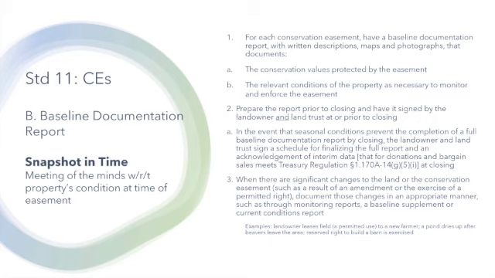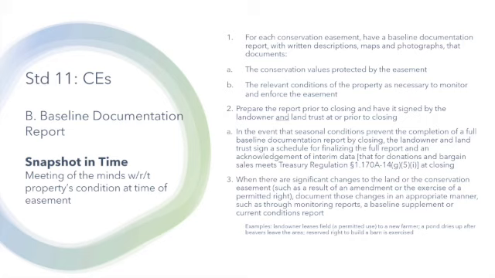And when there are substantial changes, baselines really are like a snapshot in time. They get done at the time that the easement is granted and signed by both the landowner and the land trust, maybe even at closing. If not right during the closing, then as contemporaneous as you can be to the closing.